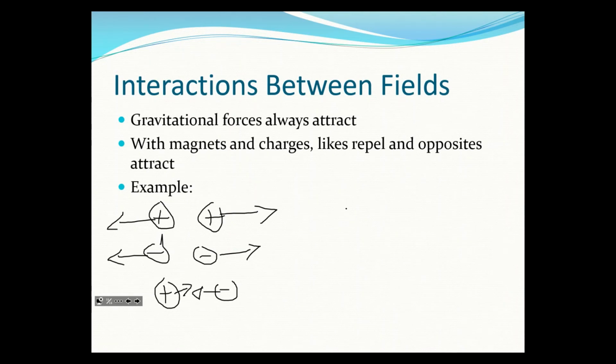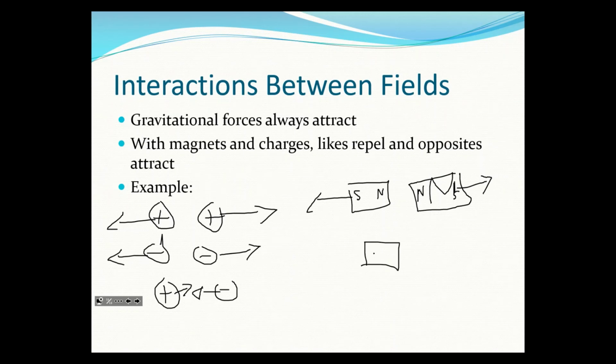Same thing with bar magnets. Bar magnets always have a north and a south. So if I had a north and a south right here, then these bar magnets would repel because I have north and north. But if I set them up so it's like north and south, and north and south, well, now the north attracts the south, so these ones would attract.